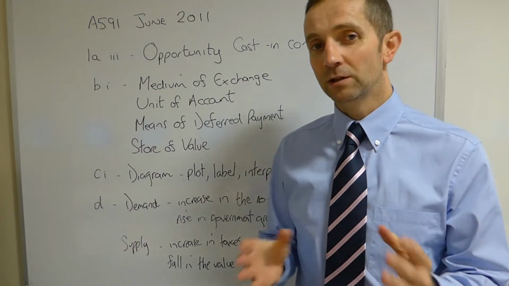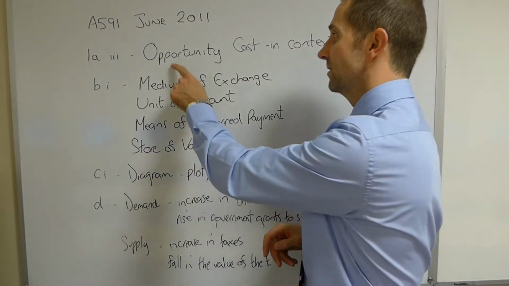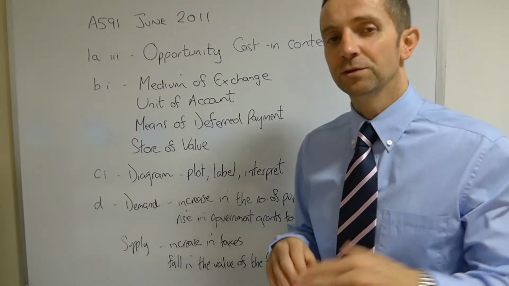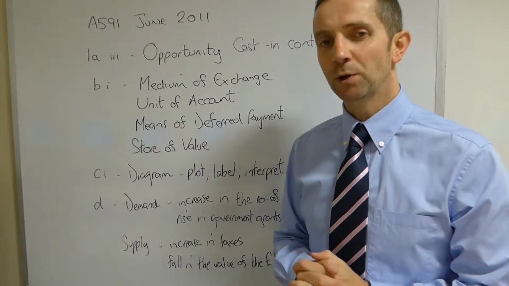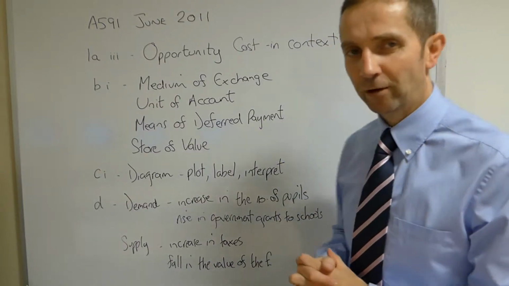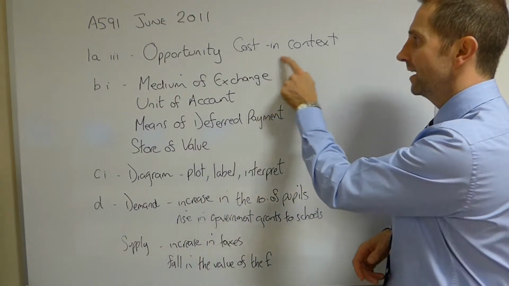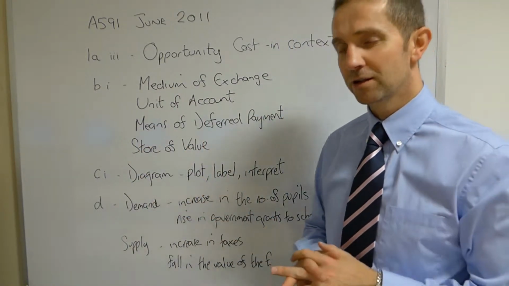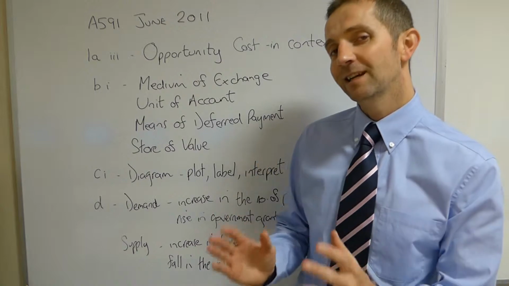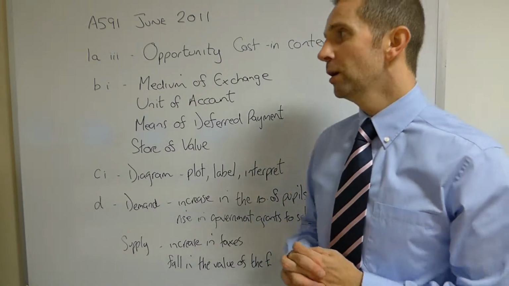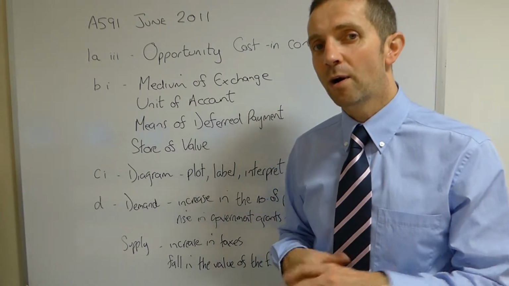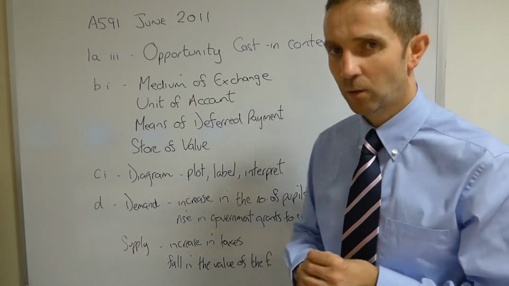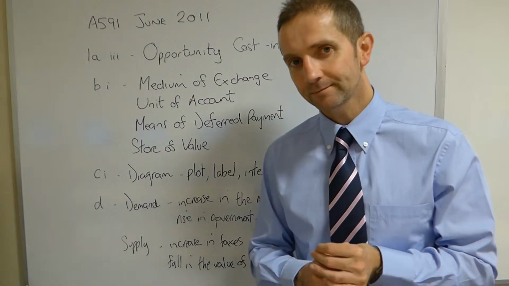The first thing that you all did very well was that you all said opportunity cost is the cost of the next best alternative foregone. So you gave the standard textbook definition. However, you should have gone on and put that into the context of the actual case study you're given at the beginning of the question, and related that back to your answer for 1A part 2. So that's 1A part 3.